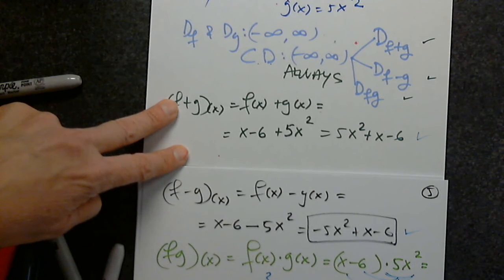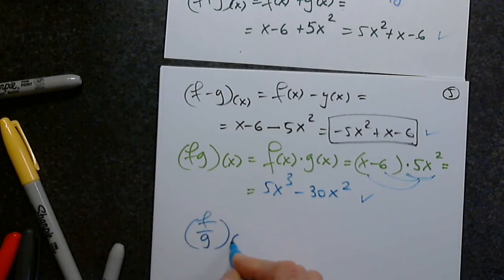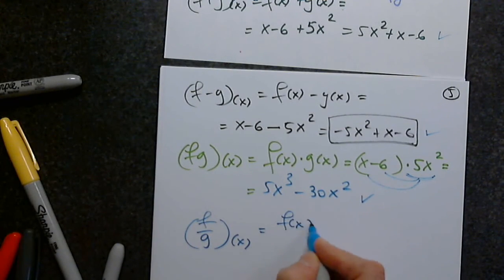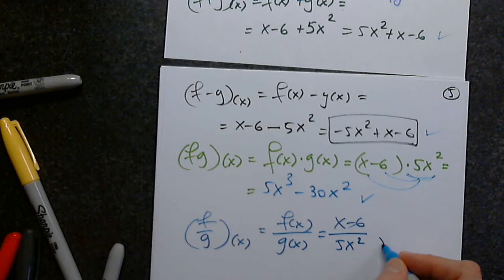Yes, we knew that from the very beginning. So finally we have f divided by g, which is f of x divided by g of x, which is x minus 6 over 5x squared. However, I have to put a comma and what? Exactly. If what? What could be the problem? If x cannot be 0.